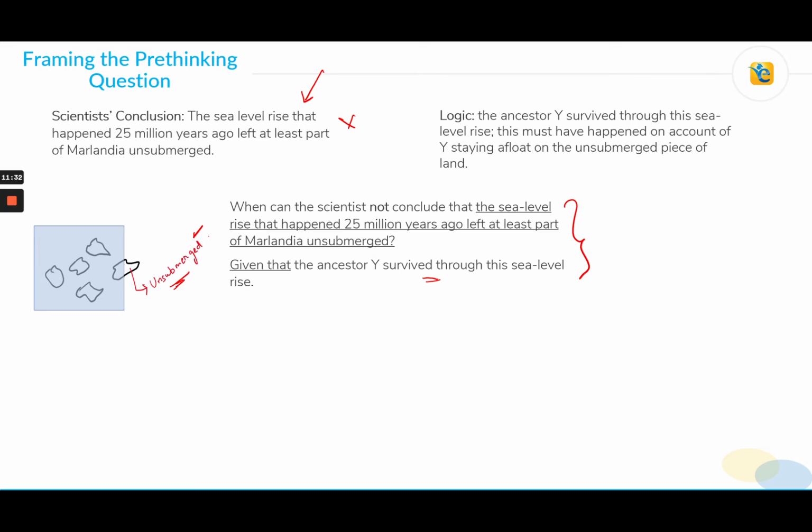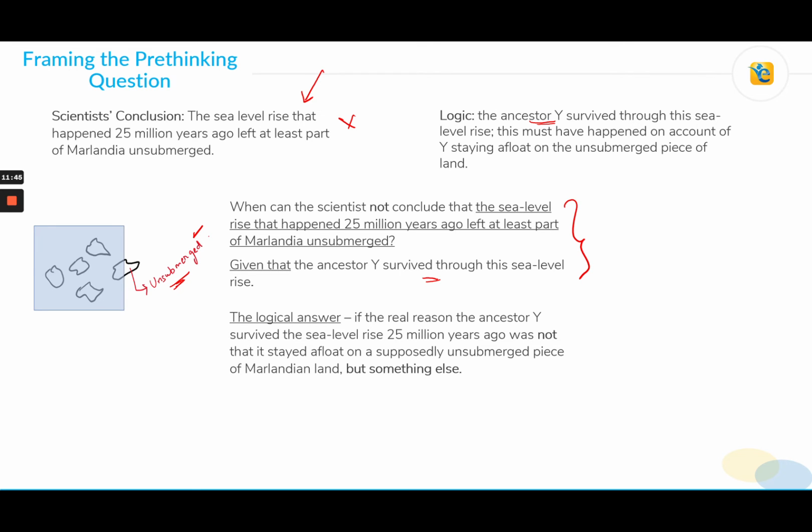Because then the author cannot look at this piece of data that says Y survived, and then make the conclusion that there must have been some unsubmerged land. In essence, if you can find some other reason for how the ancestor Y was able to survive the rise in sea level 25 million years ago, which is not related to them surviving on any unsubmerged land, that would be a valid conclusion breakdown situation.